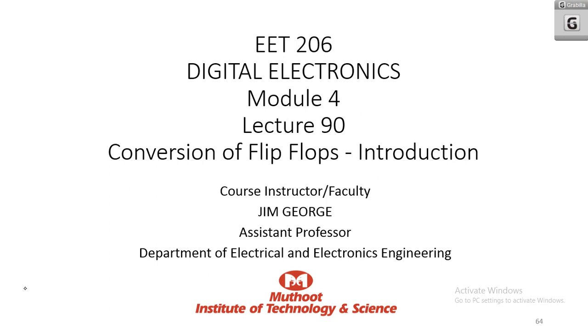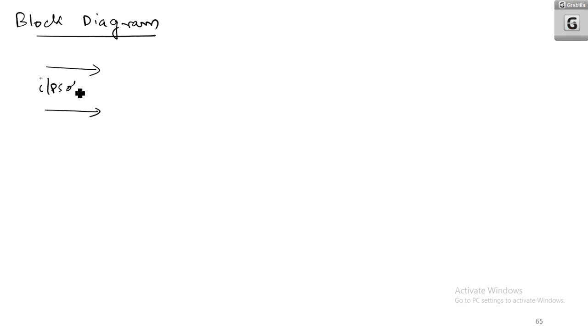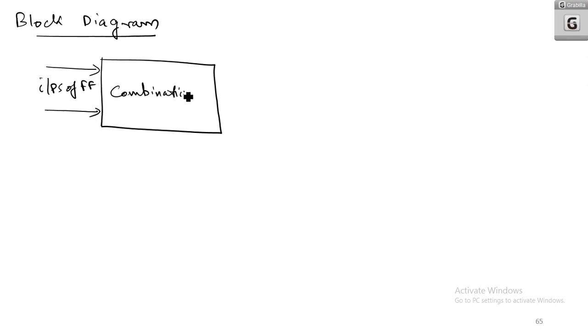Coming to the block diagram, the basic block diagram of conversion of flip-flop is given below. Here we have the inputs of the flip-flop. Then after that we have a combinational circuit.